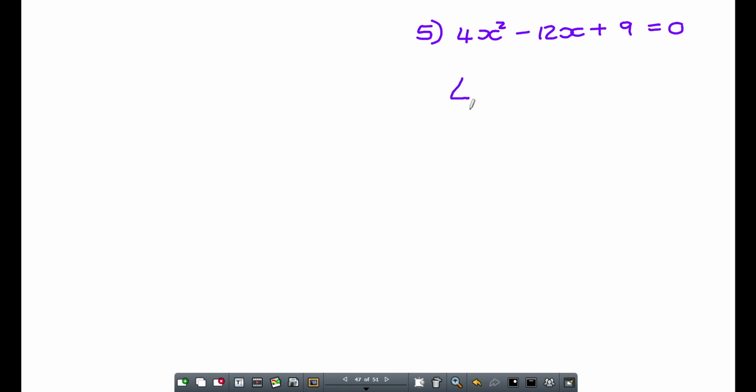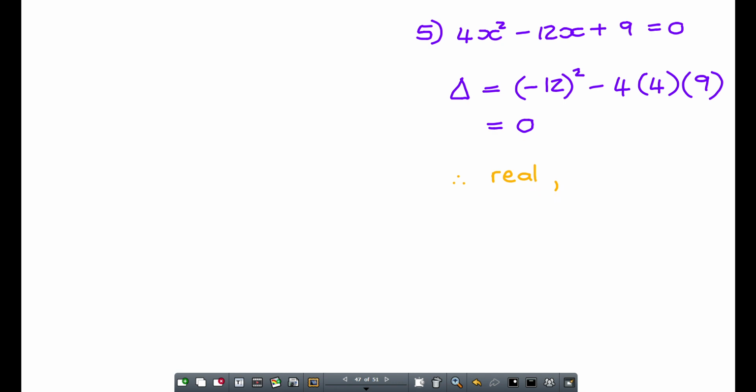Right, so let's get delta. Delta will be b squared, meaning minus 12 squared, minus 4ac, and a is 4, and c is 9, which means that delta will be 0. Okay, now as delta 0 is, okay, kom ons begin by die begin. Is it real or non-real? Real, okay.